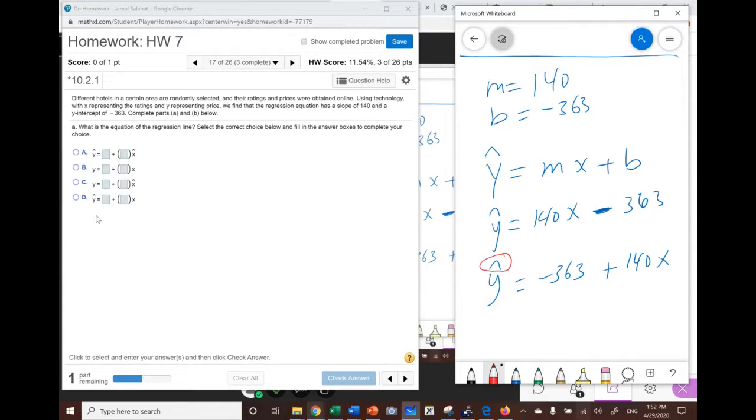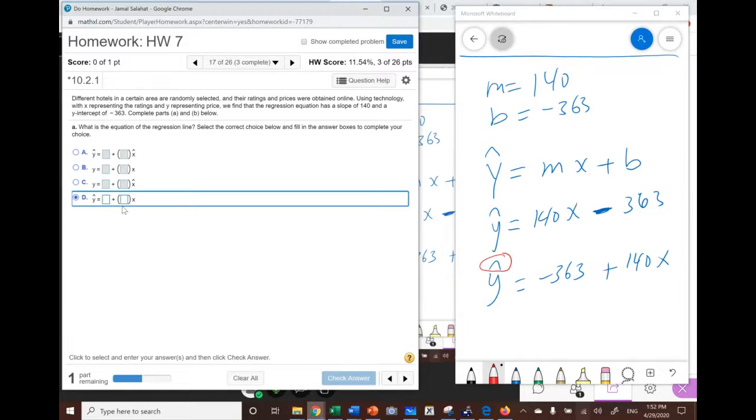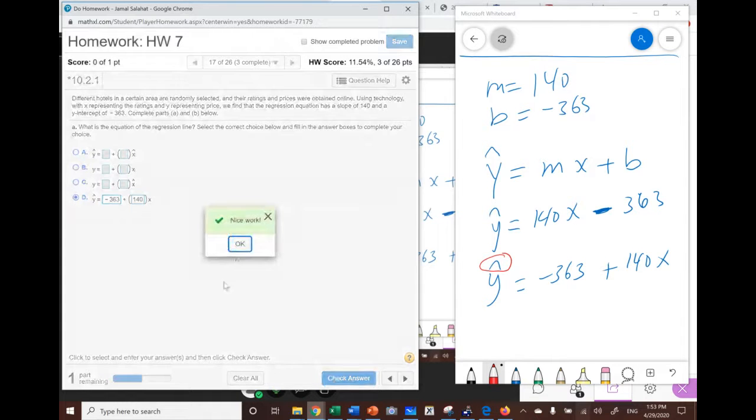We're not going to choose A because A says y hat and x hat. Remember, x is not predicted; we're only predicting the y. So we're going to choose D, and then we plug in the numbers: negative 363 for the intercept, and 140 for the slope. That should give us the correct answer.